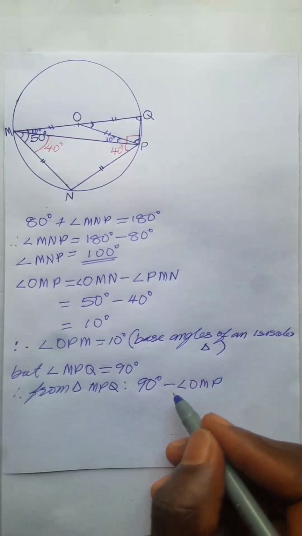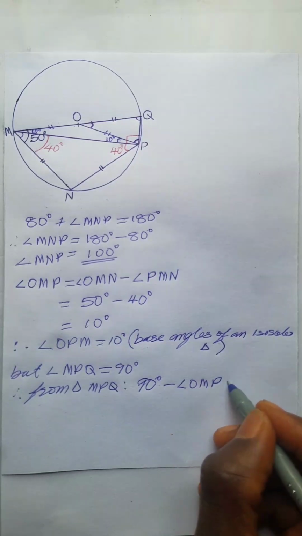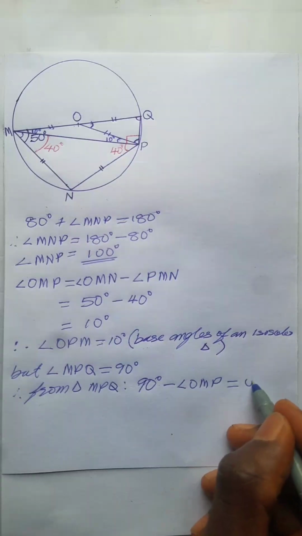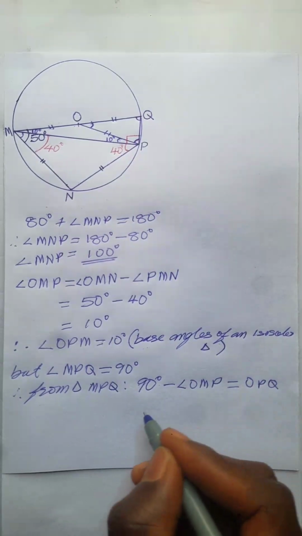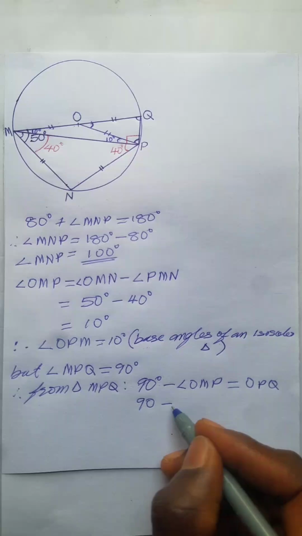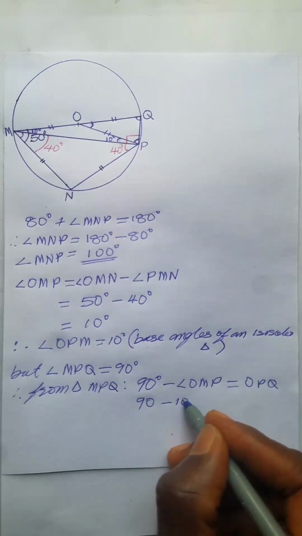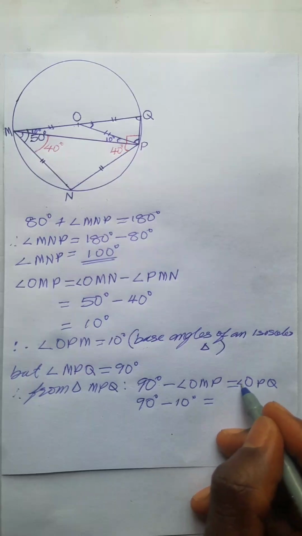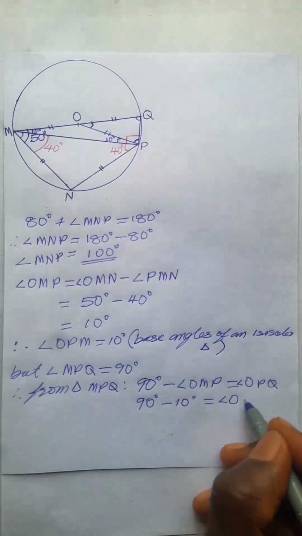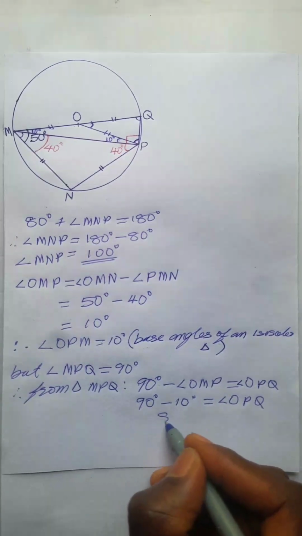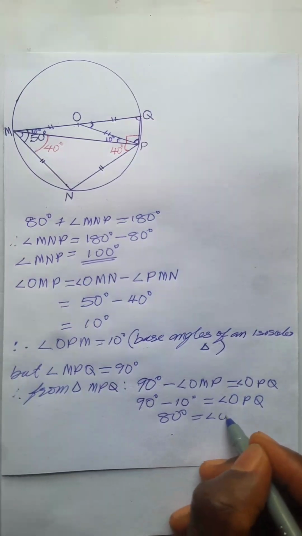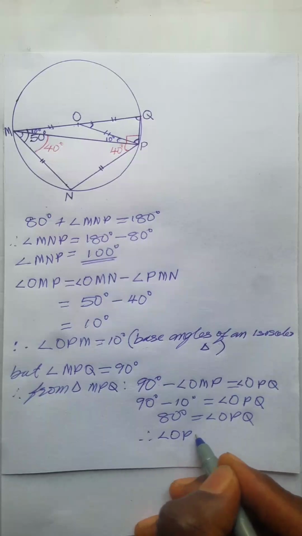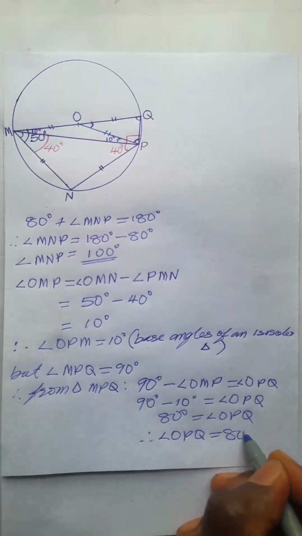Is that okay? Will give us this angle, which is OPQ. I hope you understand. So 90 minus 10 degrees is equal to angle OPQ. That's 80 degrees is equal to angle OPQ. Therefore, angle OPQ is equal to 80 degrees.